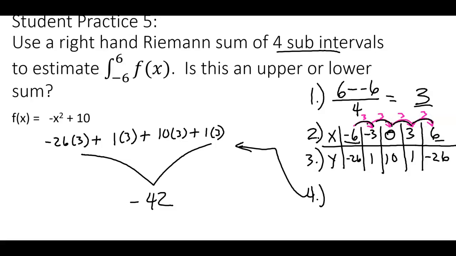Since this is a right-handed Riemann sum, we're doing 26 times 3, 1 times 3, 10 times 3, and 1 times 3, and we don't include the last negative 26 there. There's the math, and there's our final answer of negative 42, and there we have it.